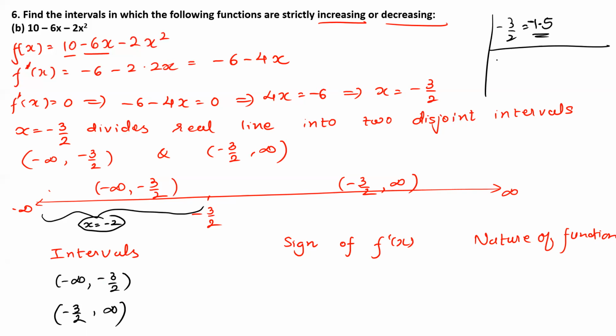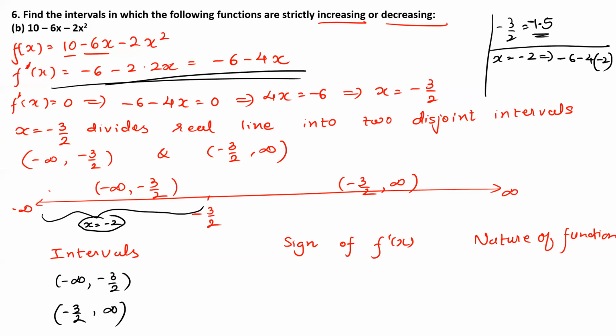If you put it in f dash x, you will get minus 6 minus 4 into minus 2. When you put it in f dash x, you should not see f dash x as 0. You have to put it in the pure f dash x, not the one we made 0 earlier. Why did we make it 0?